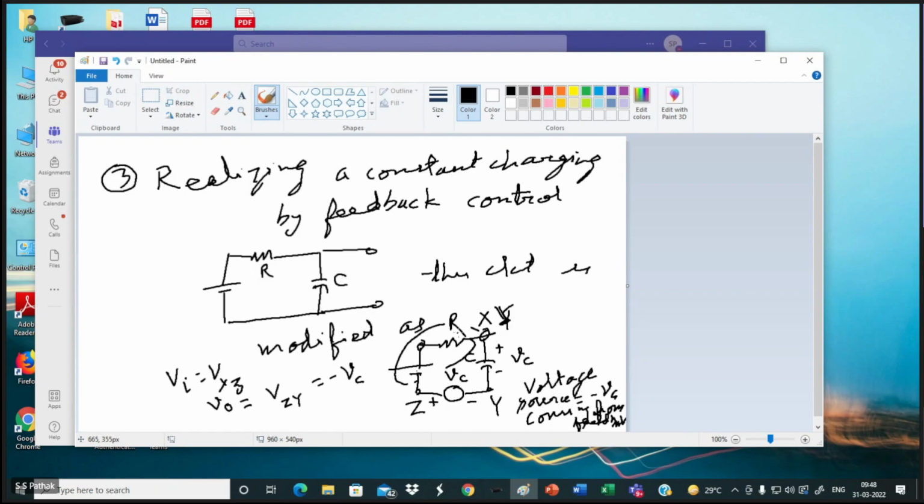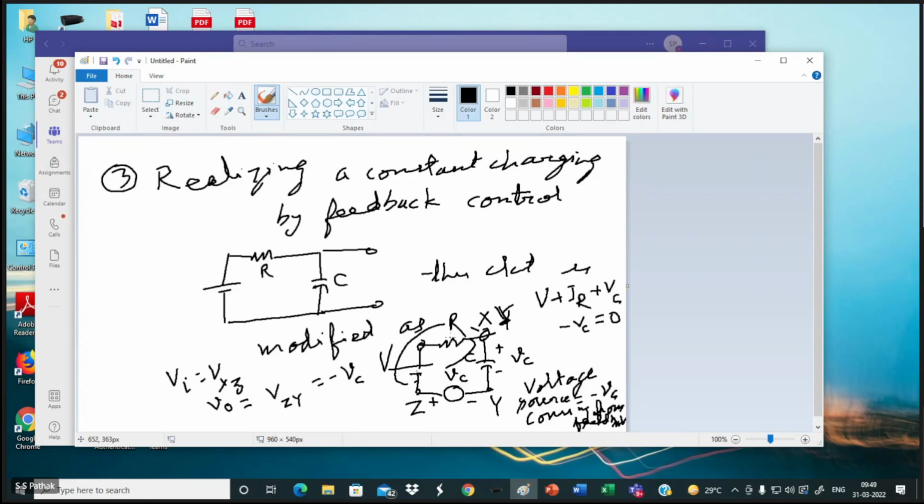Kirchhoff's voltage law I can apply there. So this is my V, plus IR, minus V plus VC minus VC becomes 0.